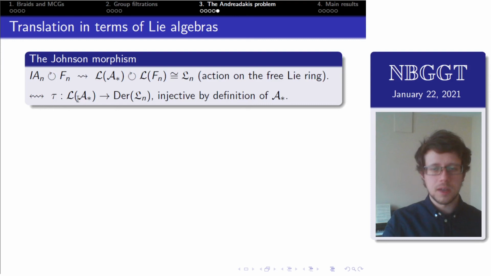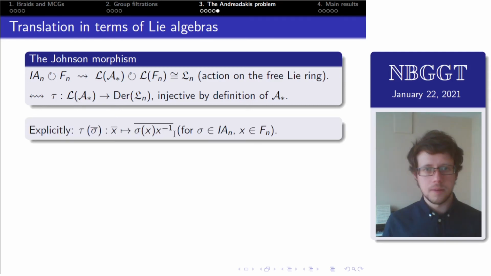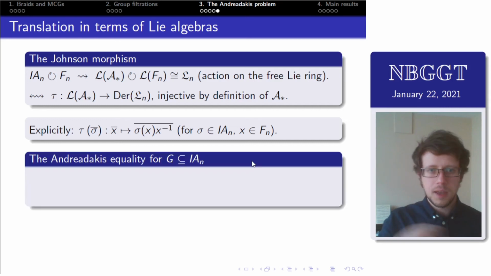And there is an explicit formula for this Johnson morphism, which is well known to those of you who are dealing with mapping class groups, because this is the definition of the Johnson morphism for mapping class groups, which is this explicit formula here. And so from this, we will be able to translate our problem in terms of Lie algebras.